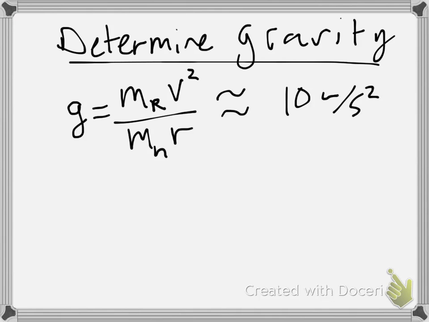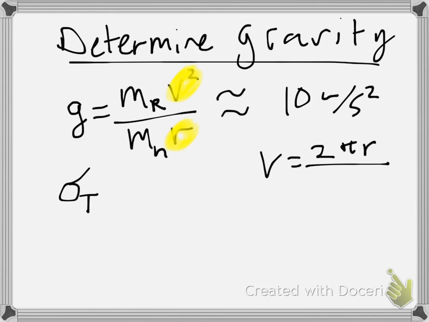Remember that you're going to need an uncertainty. We're going to need a total uncertainty, and the things you calculated involve velocity and the radius you just measured. The velocity is going to be 2 pi r over time, and you probably did N, some number of rotations.